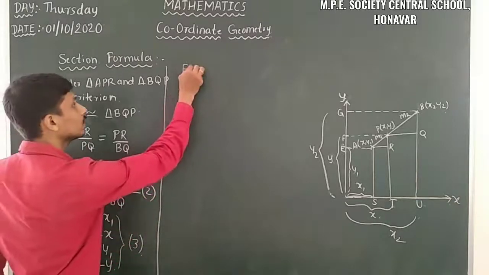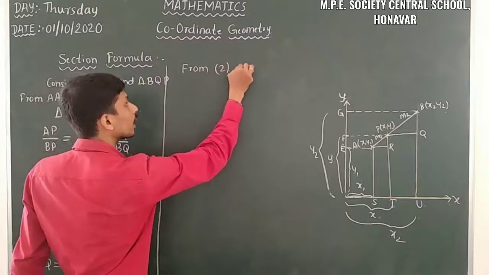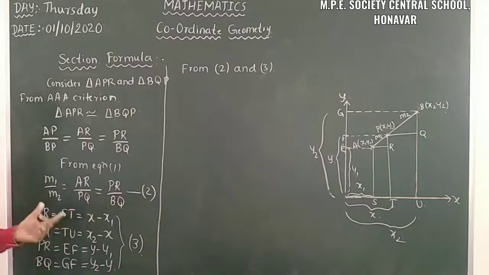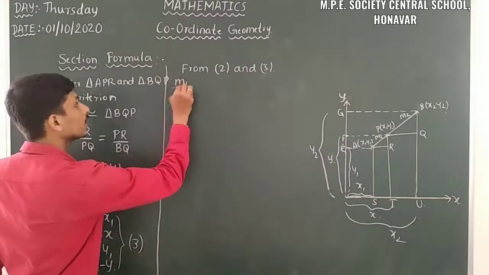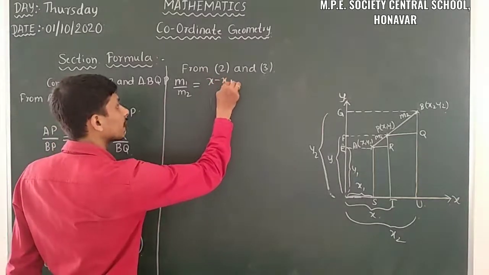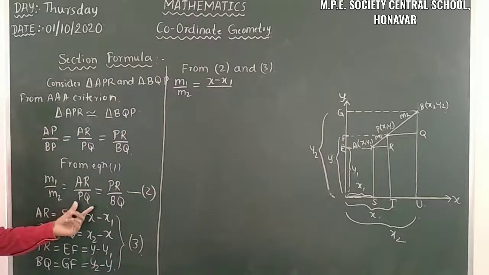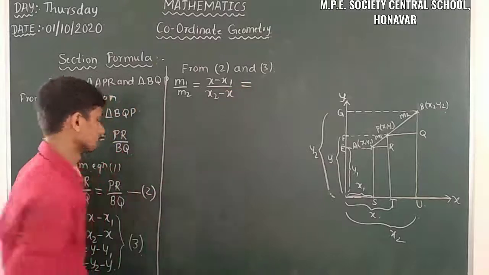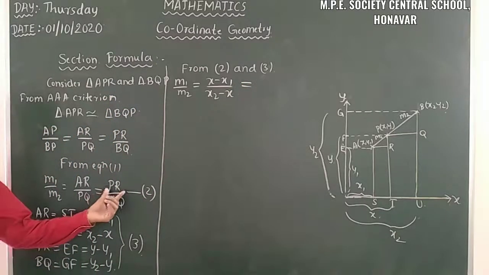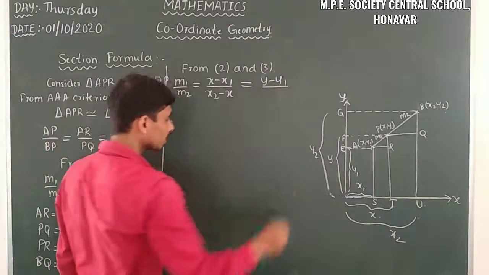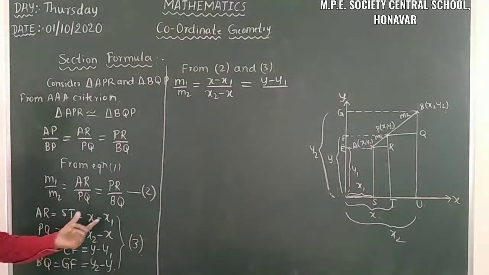From equation 2 and 3, just observe, we have to substitute all the values. m1 by m2 is equal to AR, which is x minus x1, divided by PQ, which is x2 minus x, is equal to PR, which is y minus y1, divided by BQ, which is y2 minus y.